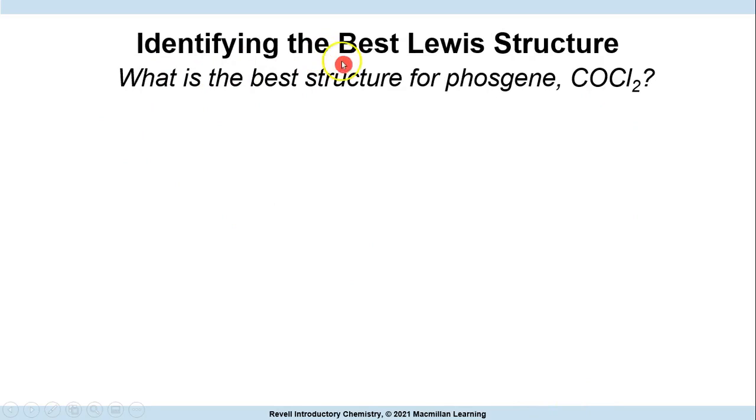Now let's see how we can identify the best Lewis structure. There are molecules that actually have more than one Lewis structure. In that case, which one can we conclude is the correct structure?